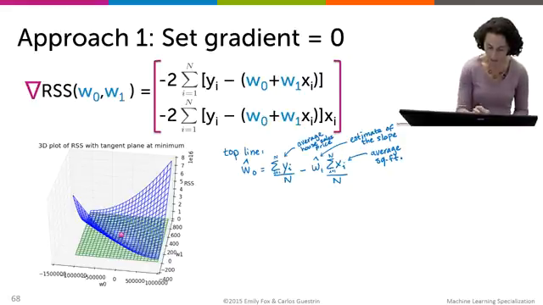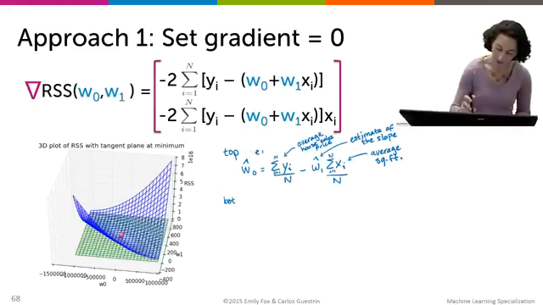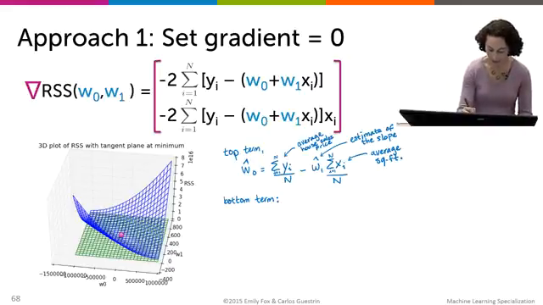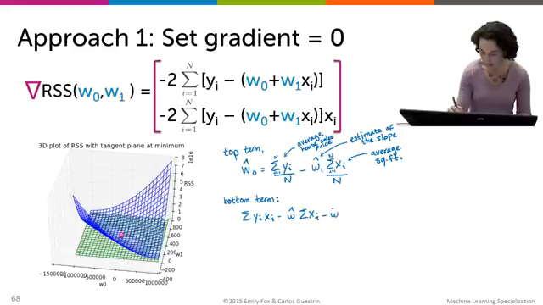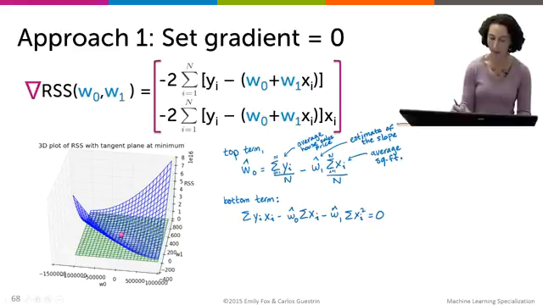And so if we look at the top term of the gradient, and this is the bottom term of the gradient, if we set it equal to 0, we're going to get sum of yi xi minus w0 hat sum xi minus w1 hat sum xi squared equals 0.